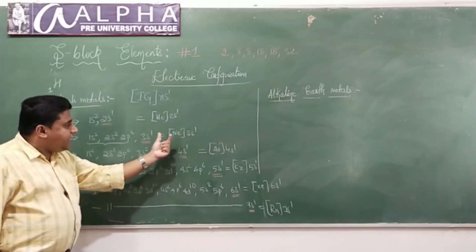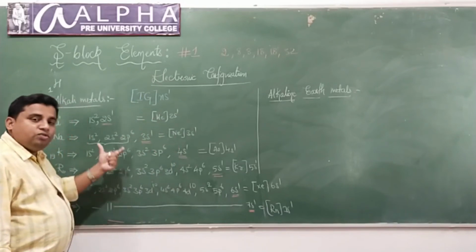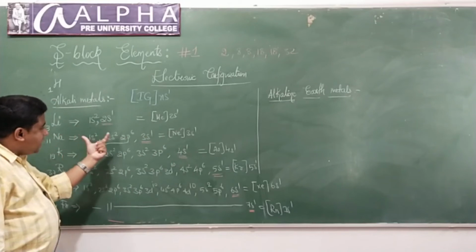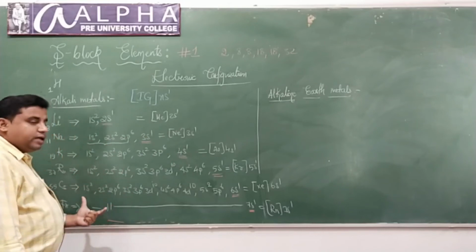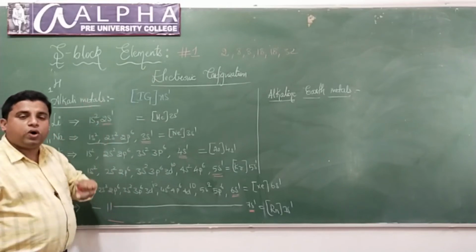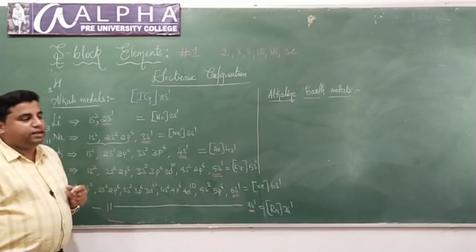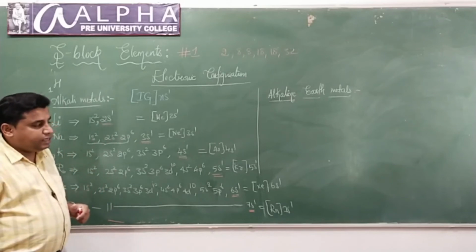That means inner orbitals are completely filled, and the outer orbital has one electron in the s orbital.